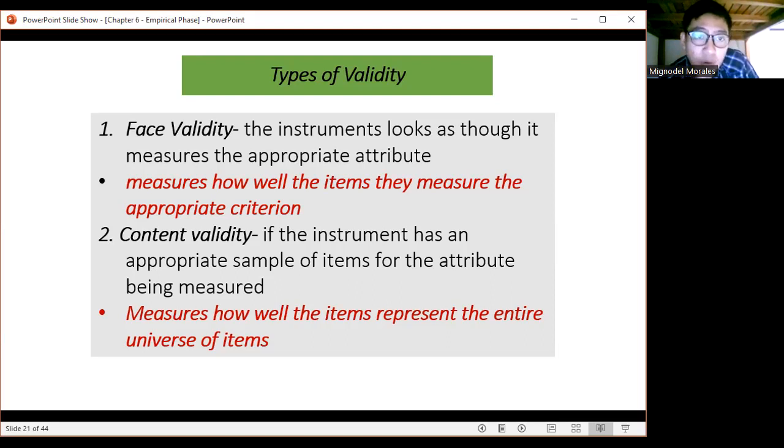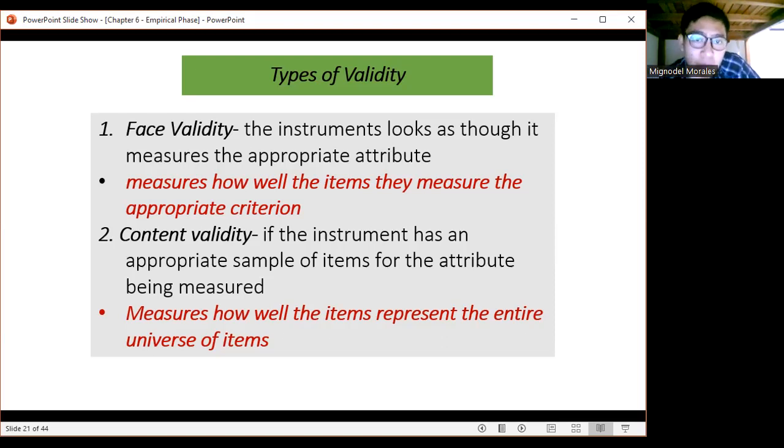The instrument looks as though it measures the appropriate attribute. So if you create your self-made questionnaire, for it to be valid, it must look like a questionnaire. No? So nandun yung direction, di ba? Then it is divided into different parts based on your objectives, and the direction must be clear. We have the appropriate Likert scale being used and the items.